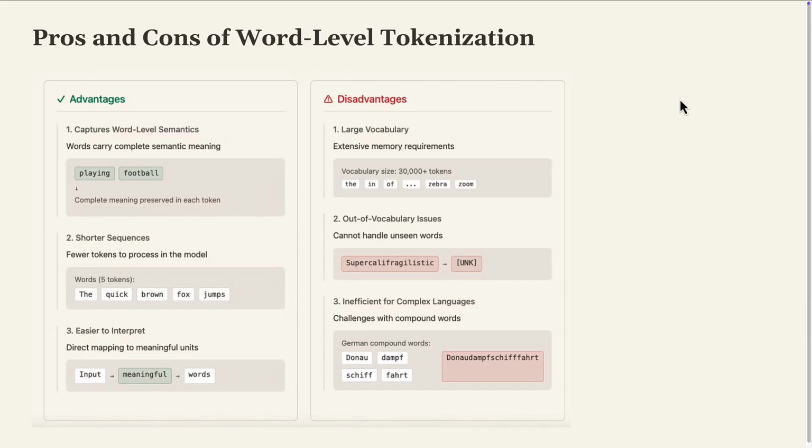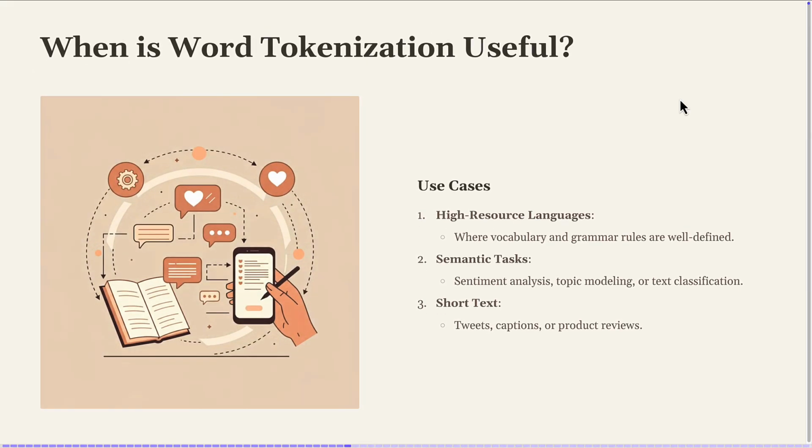It solves part of the problem, but not all the problem. Still, these challenges are not easy to address when building a language model. But we can use this for a simple example. Word level tokenization is useful for high resource languages where vocabulary and grammar rules are well defined, or for semantic tasks like sentiment analysis.